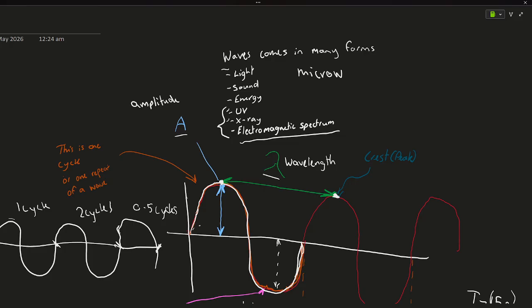Microwaves. It has radio waves. There is visible light.